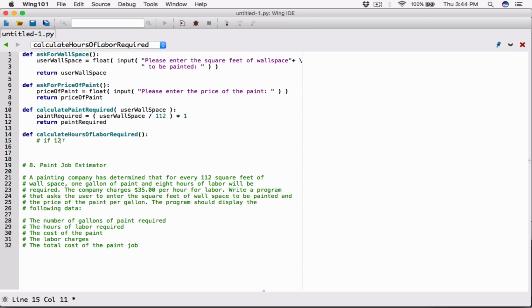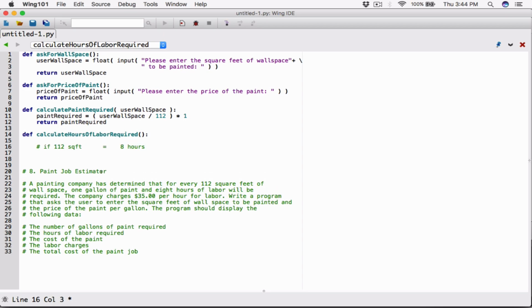If 112 square feet is equal to 8 hours, then the user wall space is going to be equal to how many hours?